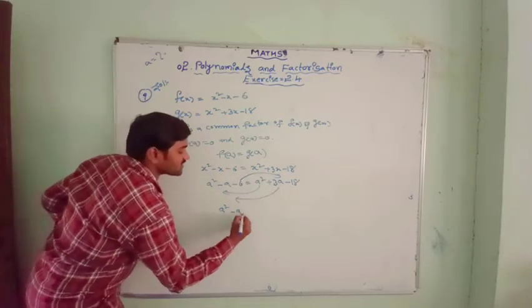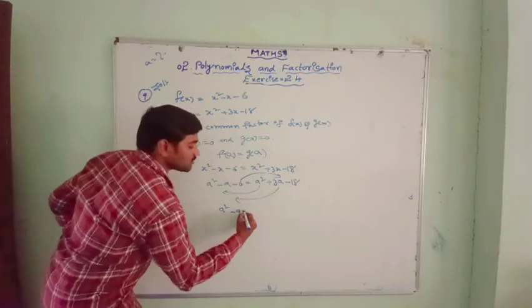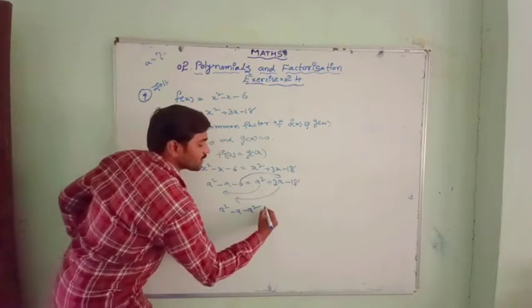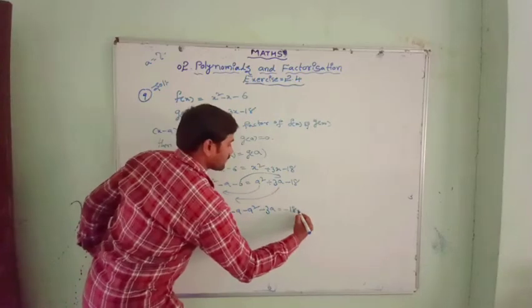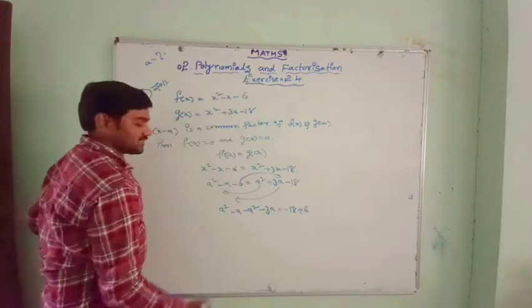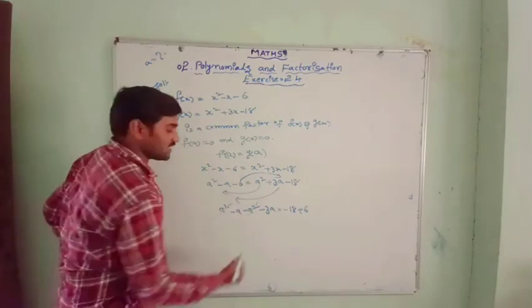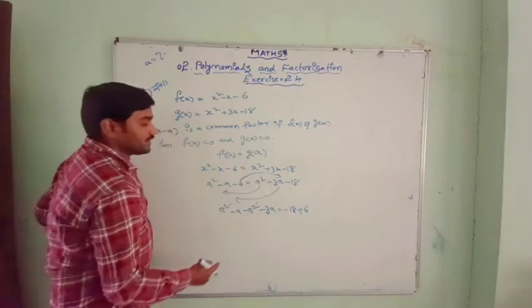So here a square minus a is already there on the LHS. This plus a square becomes minus a square. Here plus 3a becomes minus 3a, that equals minus 18 plus 6, which becomes minus 6. Here a square gets cancelled.